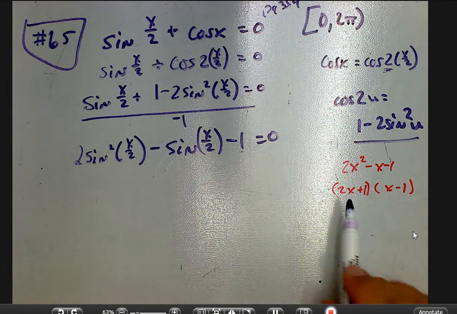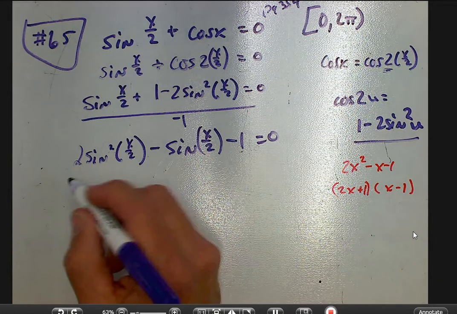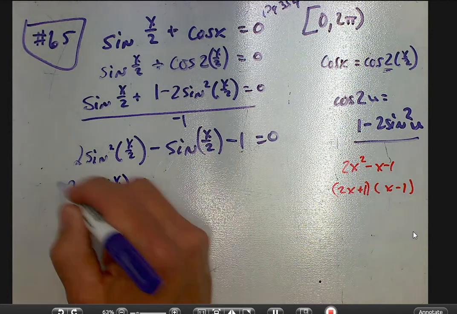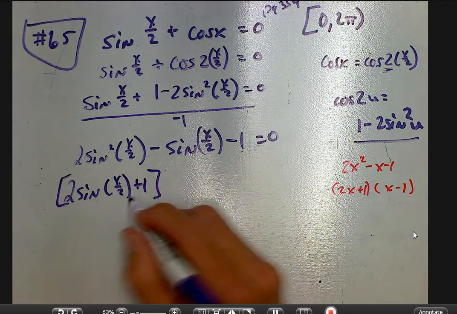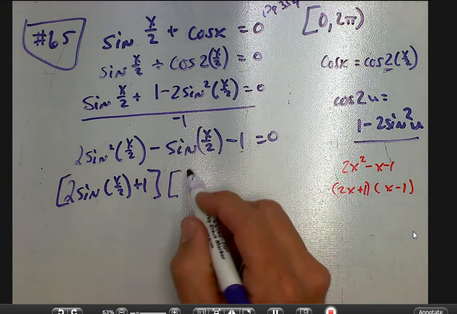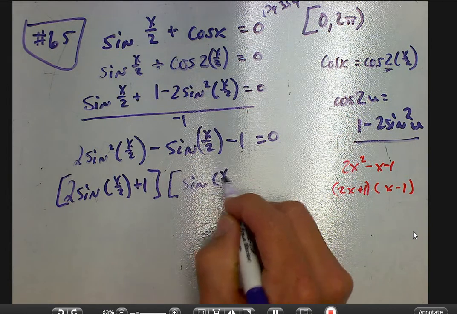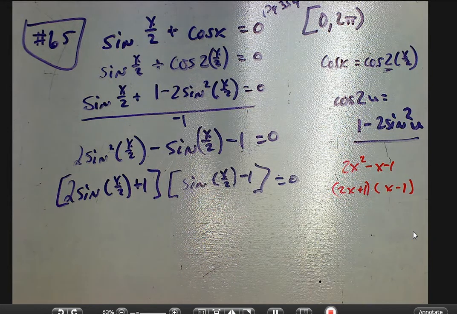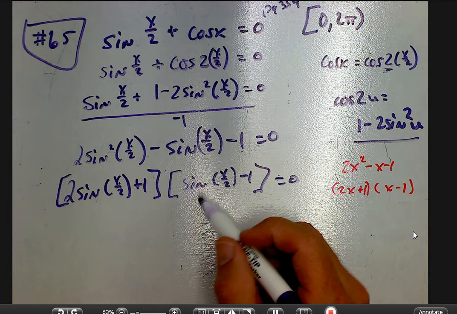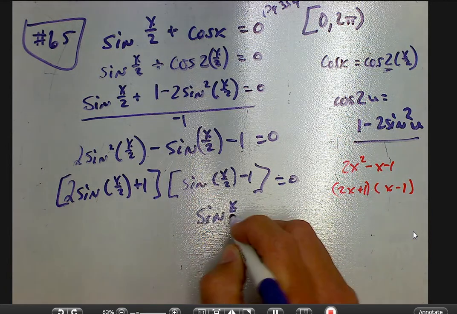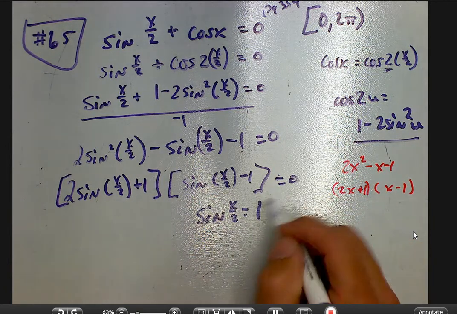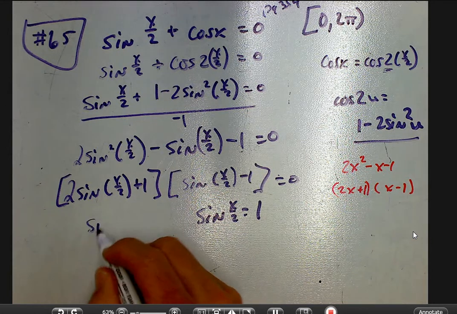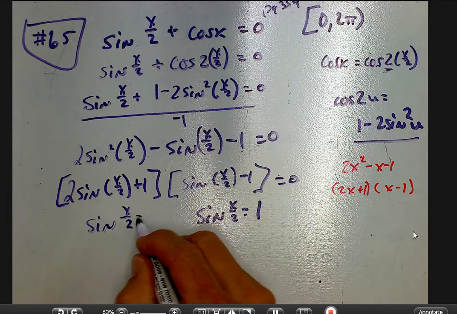So instead of 2x plus 1, it's going to be 2 sine x over 2 plus 1 times sine of x over 2 minus 1 equals 0. You set those equal to 0 and solve, and so the sine of x over 2 is positive 1, because I added 1. On this side, I'm going to subtract 1 and divide by 2, so the sine of x over 2 equals negative 1/2.